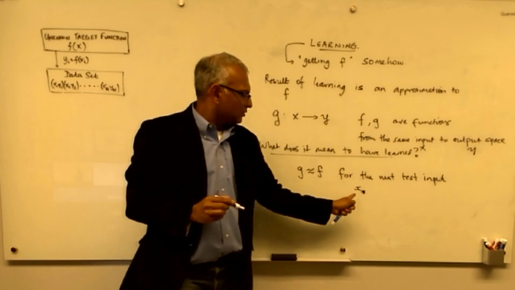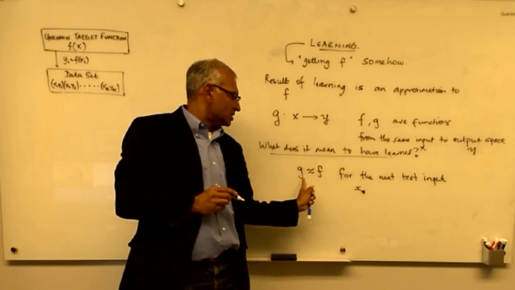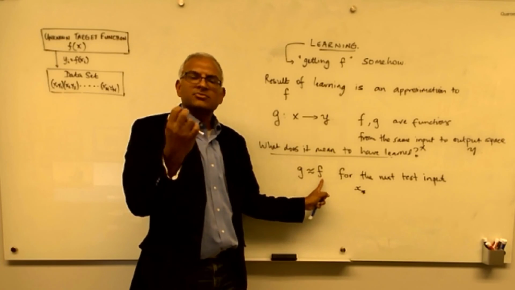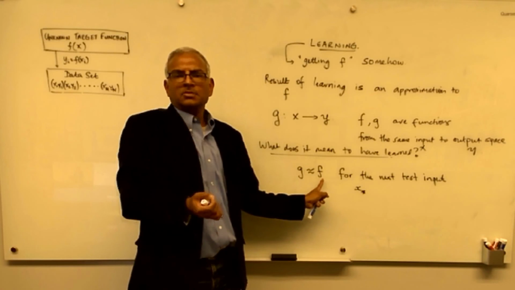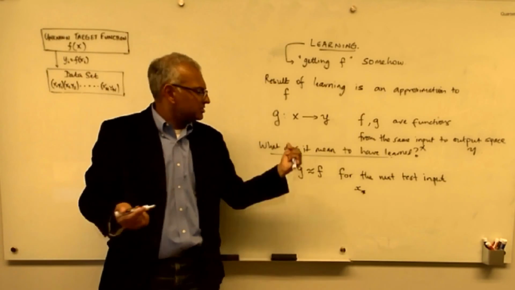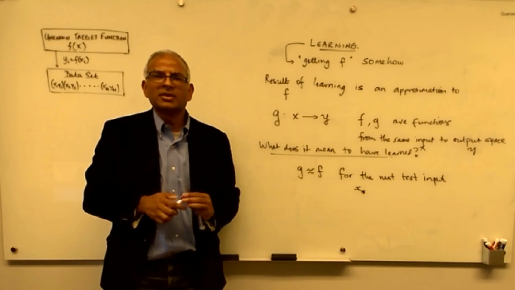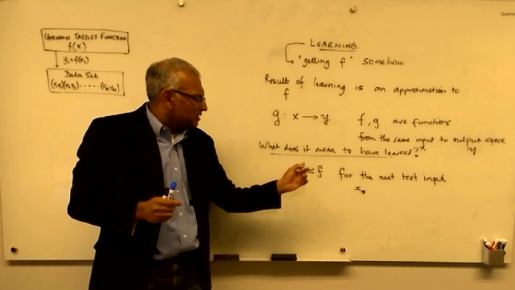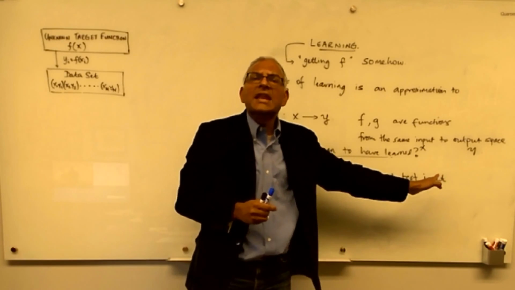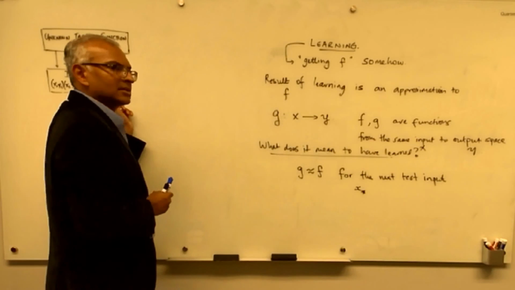So that would be a way to quantify the fact that g is approximately equal to f for the context that's relevant to machine learning. It's true that if g is equal to f on the data set, then in some sense g is approximately equal to f. But we don't care about that. What we care about is that g is approximately equal to f for some unknown test input.